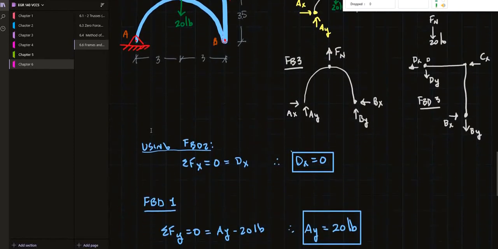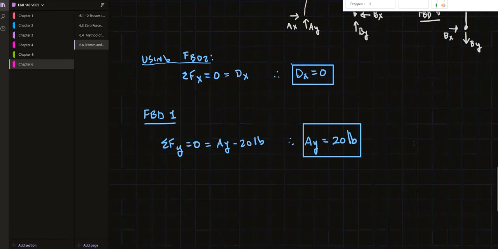So now, I know what AY is. I think I can use free body diagram number 3 here, and I can sum moments to figure out what that F normal is. So free body diagram number 3 now is sum moments about B equals 0.